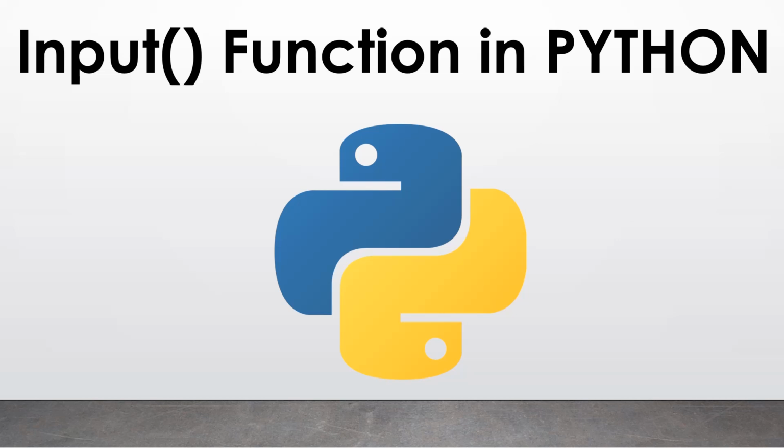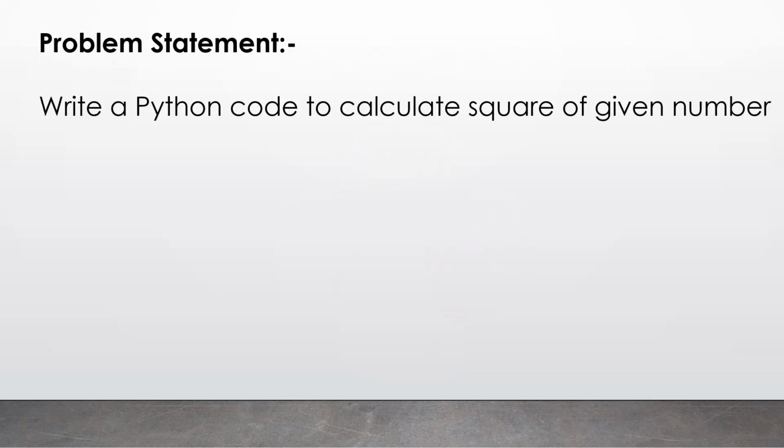Before understanding the concept itself, I want you to understand the need for that particular concept. So in the context of one problem, we are going to understand why we need to use the input function. We are going to do a simple code based on the knowledge that we have gathered till now.